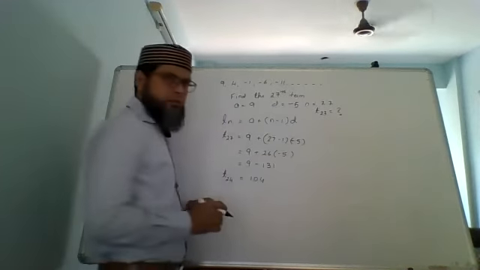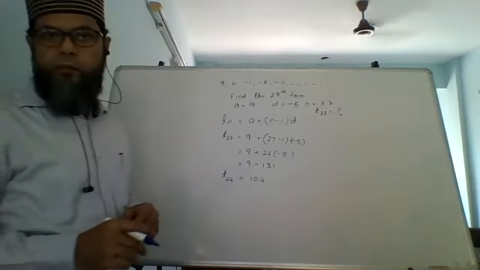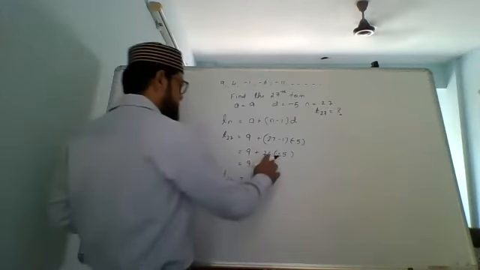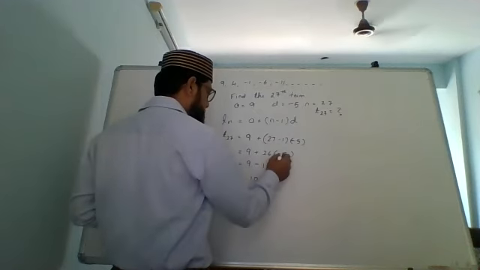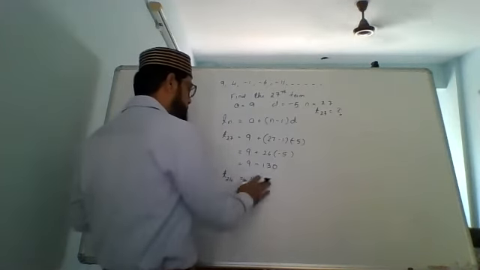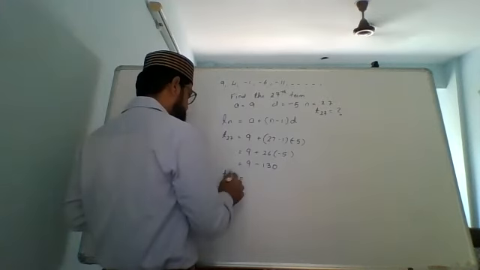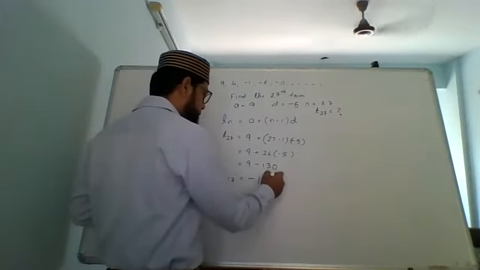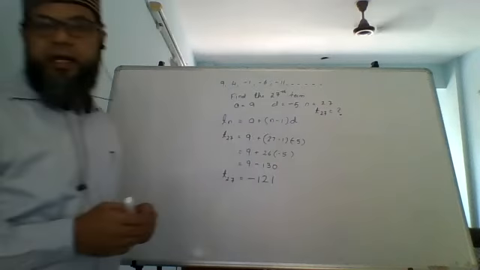Minus 121. Sorry, 26 into 5 is, sorry, my mistake, it's 5, 13. Minus 121 and not 139.